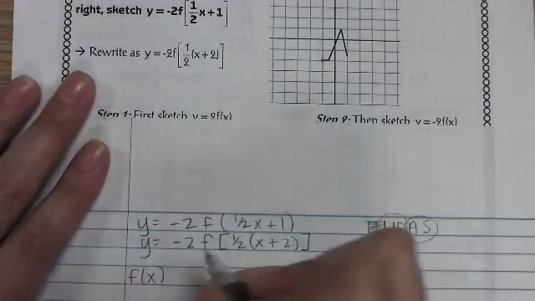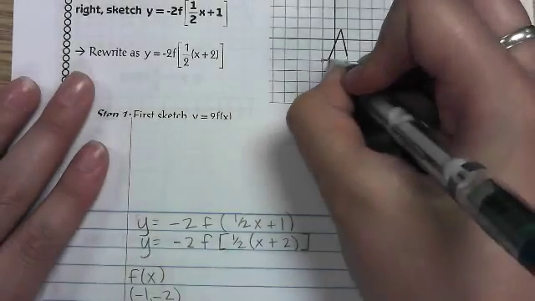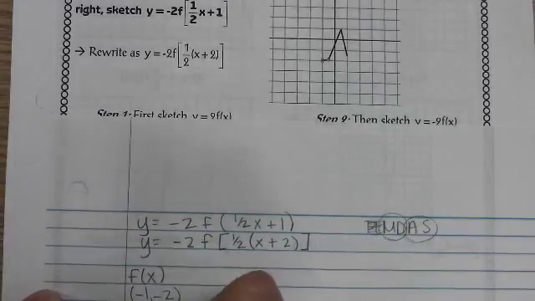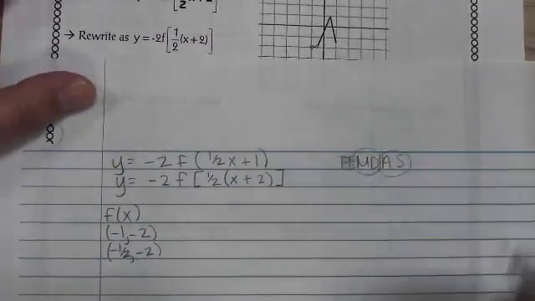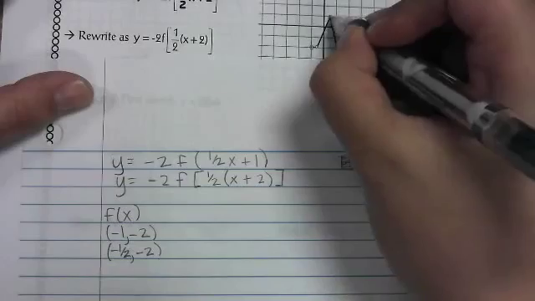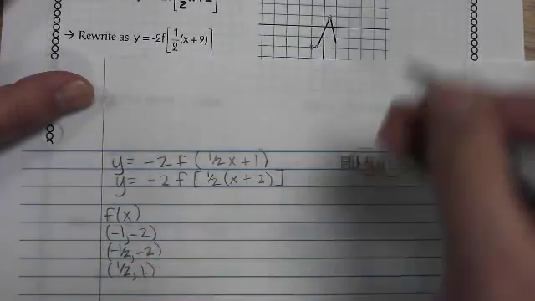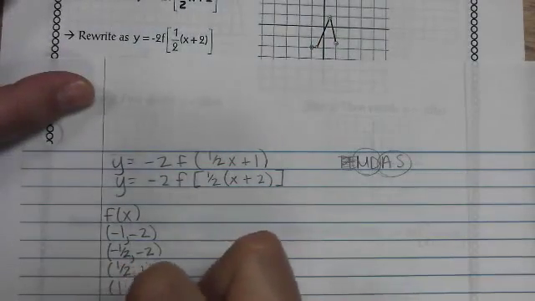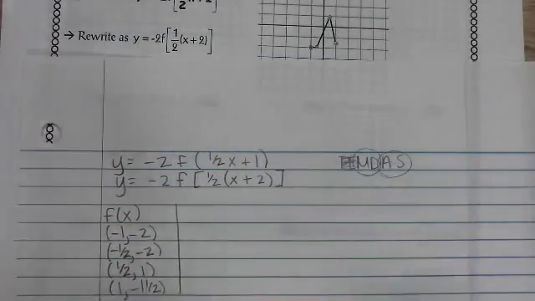So I've got (-1, -2), (-1/2, -2), (+1/2, +1), and (1, -1/2). So that's the original.